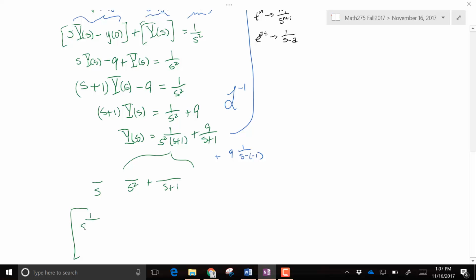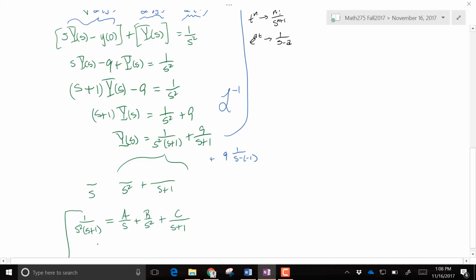So we have 1 over s squared times s plus 1 is equal to a over s plus b over s squared plus c over s plus 1. So if I multiply everything by the common denominator, I would have 1 is equal to a s, s plus 1, plus b, s plus 1, plus c, s squared.